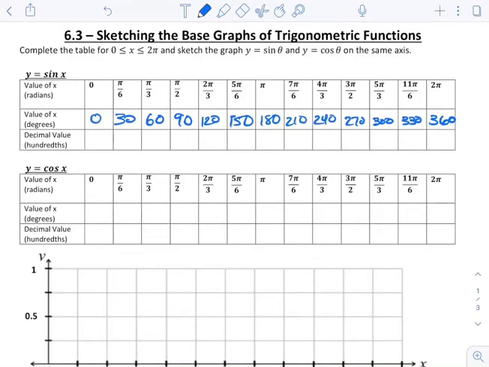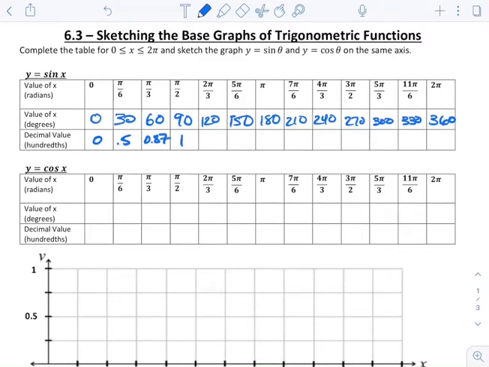So you put things like sine 0 and so on, and we would get 0. Sine 30, when I put that into my calculator, I'm going to get 0.5. Sine 60, when I put that into my calculator, or if we have radians on, sine pi over 3, we're going to get 0.87.